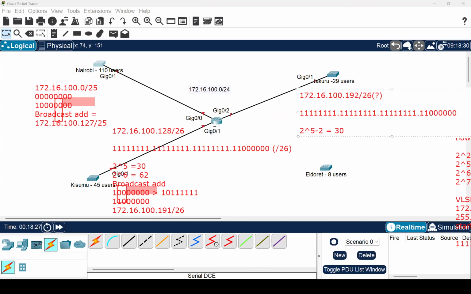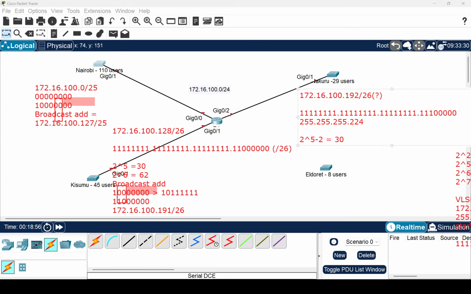So what are we going to do? We say this one also now becomes a 1. And so our new /, if we write this one in dotted decimal, becomes 255.255.255 dot what? 192 plus 32 gives us 224.